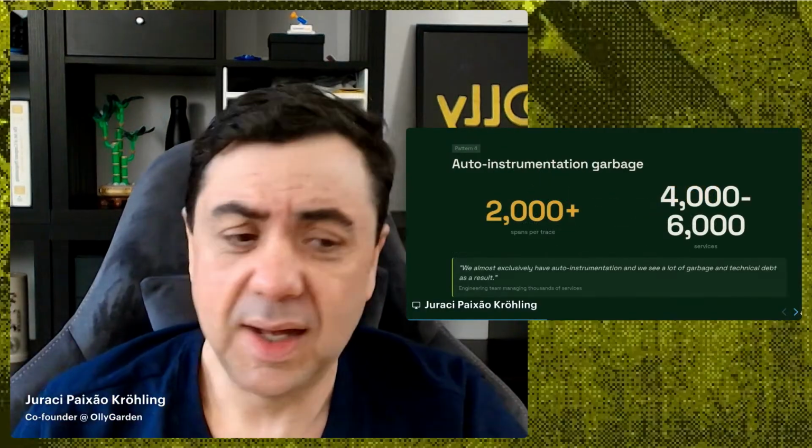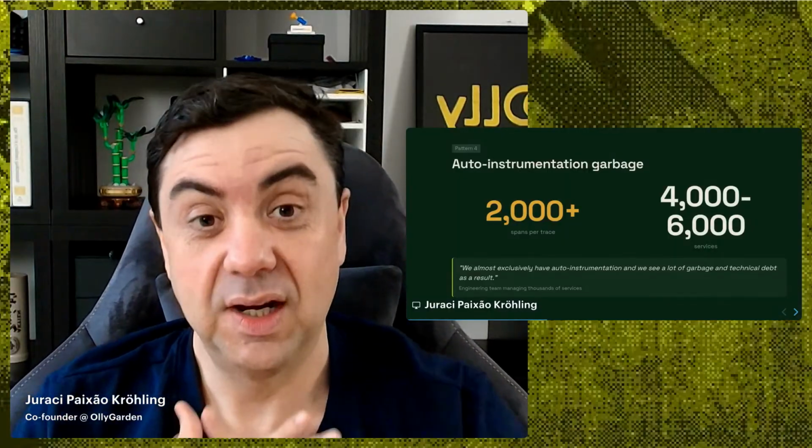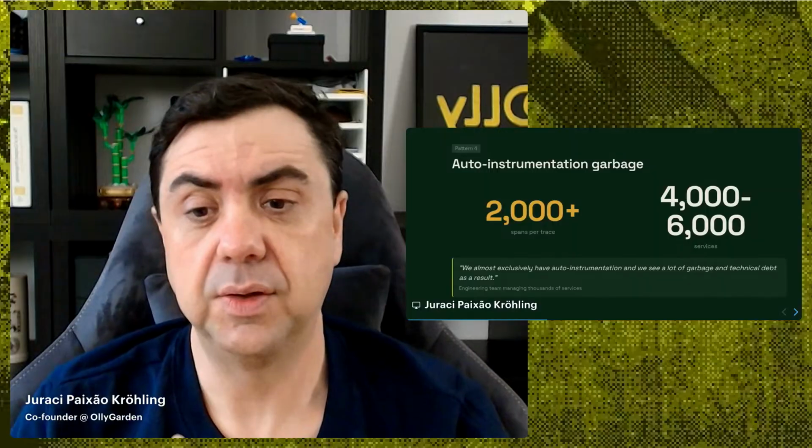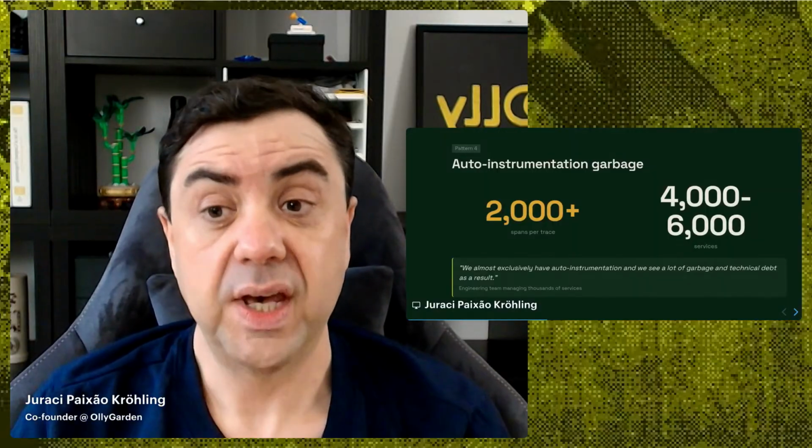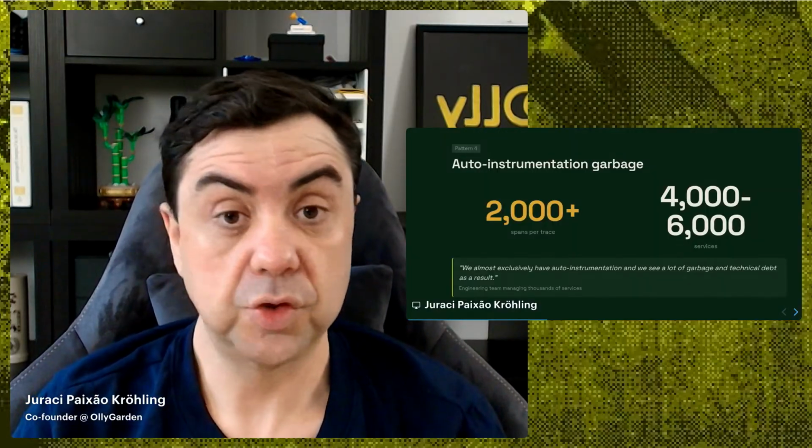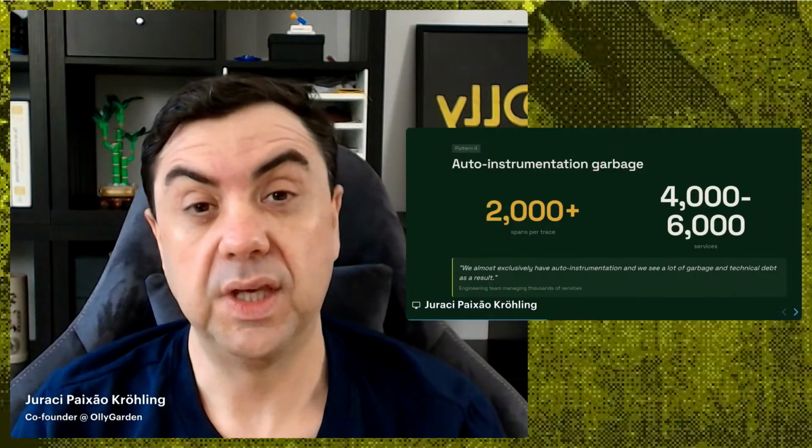So, pattern number 4. And again, I'm not against auto instrumentation, right? It might seem that way, but I'm not. I really like auto instrumentation. I like the fact that we can just add auto instrumentation to our code, and then we get telemetry.